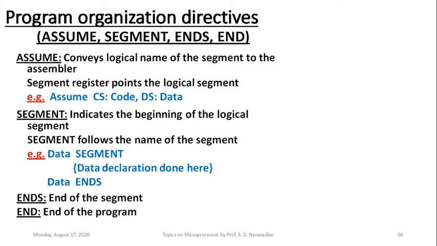Next, ENDS, end of segment, will be indicated here. And then the end of the program or end of the application will be given at the extreme bottom of your application by using the assembler directive END here.